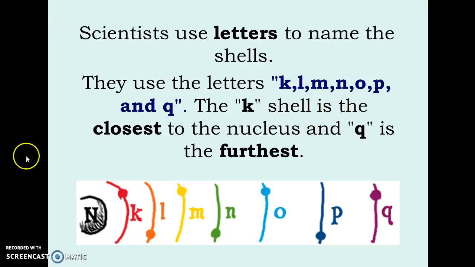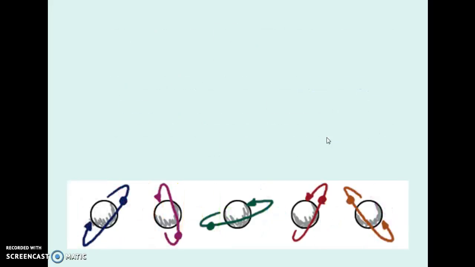As you can see, scientists use letters to name the shells. They use the letters K, L, M, N, O, P, and Q. The K shell is the closest to the nucleus, whereas the Q shell is the furthest from the nucleus.